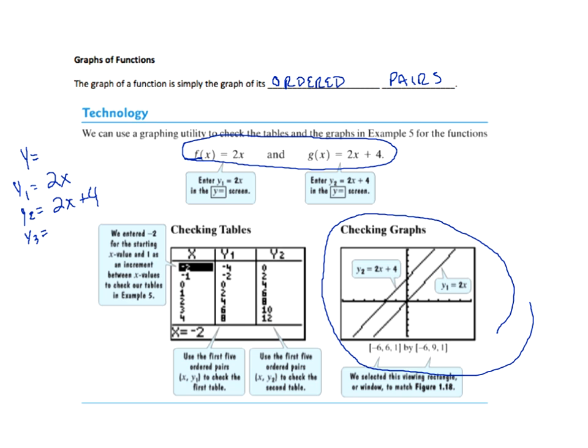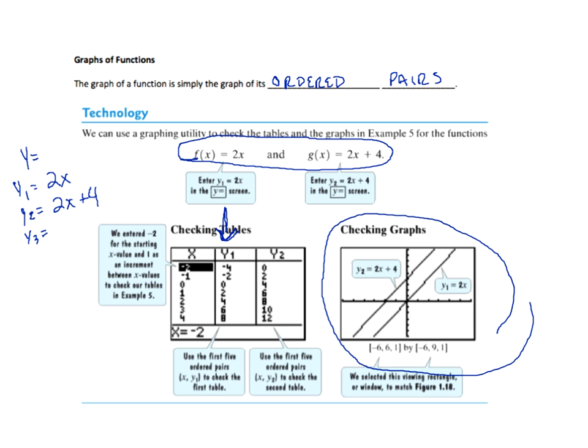Let me give you a hypothetical situation. So let's forget that this is a table for these two lines over here. They're parallel. They're never going to cross. But let's say we had this table here set up for two functions, and I'm going to change a value in there to make my example worthy of talking about.